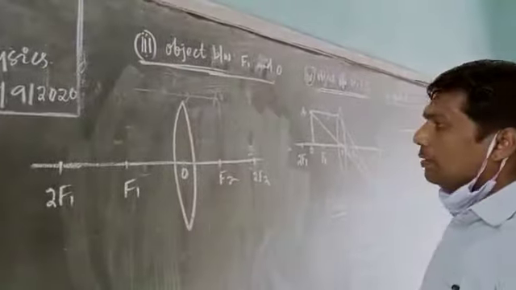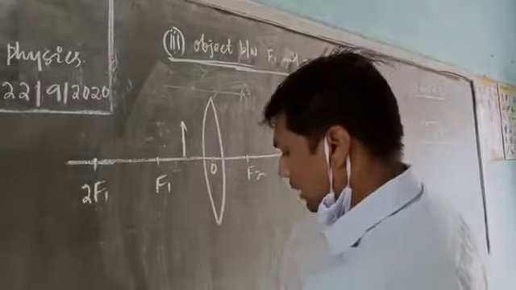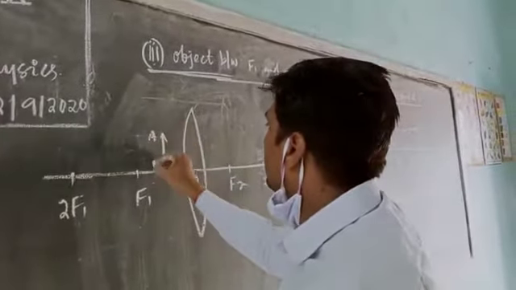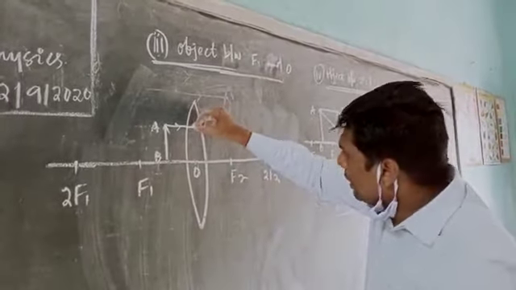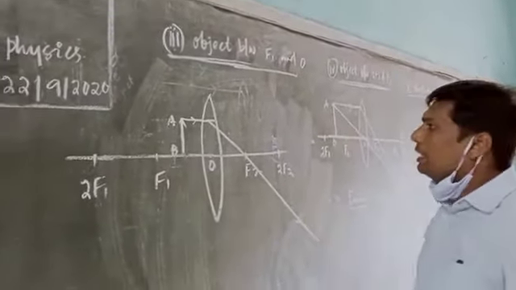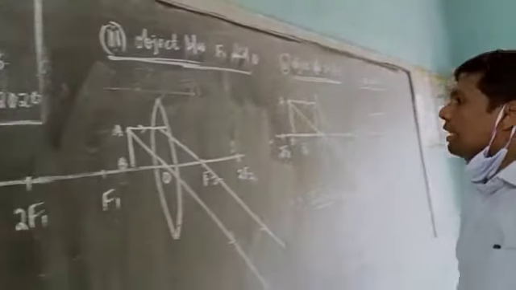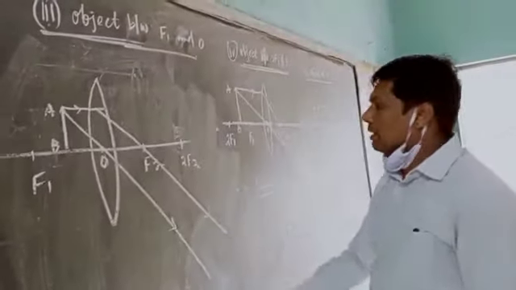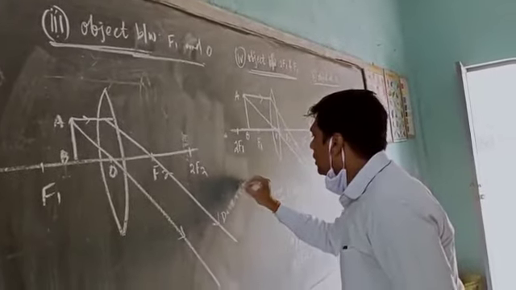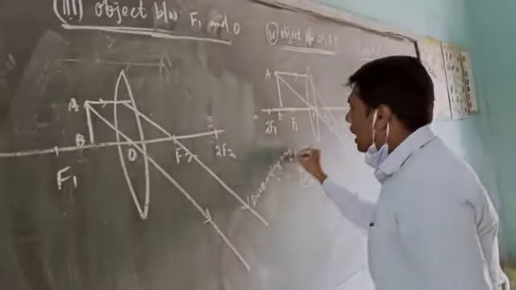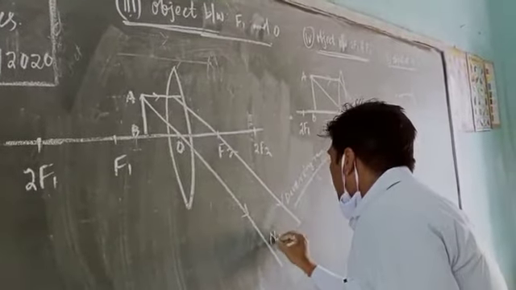That means the object is now between F1 and O. Here is the object, A and B. The first ray, parallel to the principal axis, after striking, passes through the focus, and the second passes through the optical center like this. That means these are diverging rays, and they never intersect or meet each other.